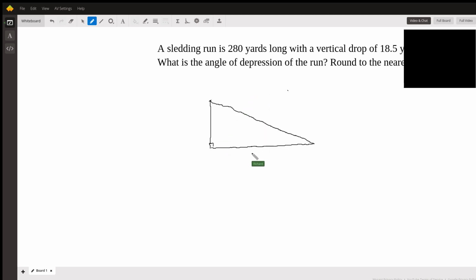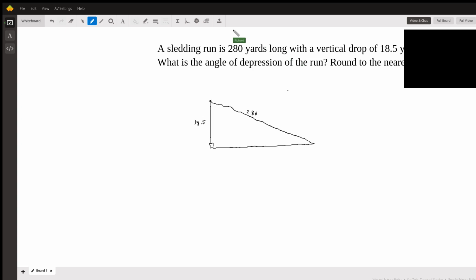The run itself is 280 yards long. I almost put the 280 in the wrong place. At least that's where I think it should go. And a vertical drop of 18.5 yards. And they want to know the angle of depression.